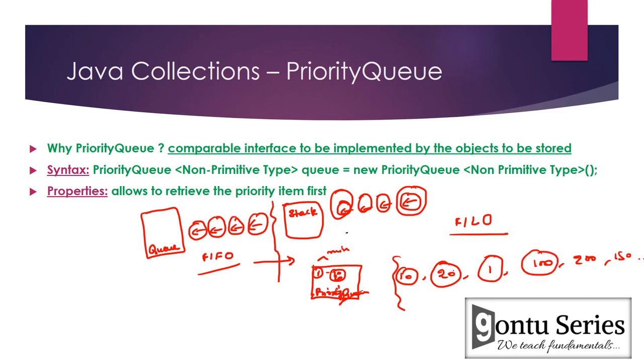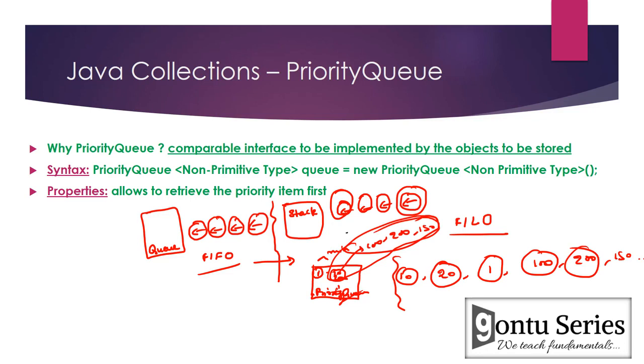Then once you add 100, 100 is definitely greater than 1, so it's going to put 100 to this, and then 200 like that, and then 150, just like this. So the idea is it's going to always put the minimum element at the first position, and then put the remaining elements after that.